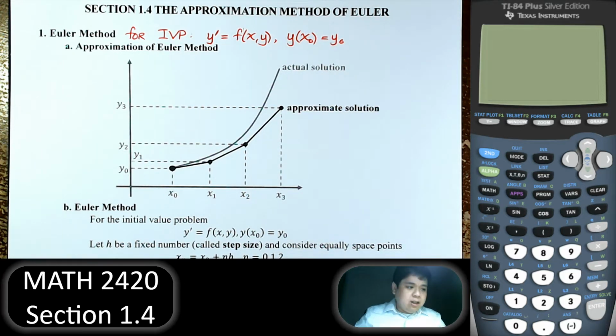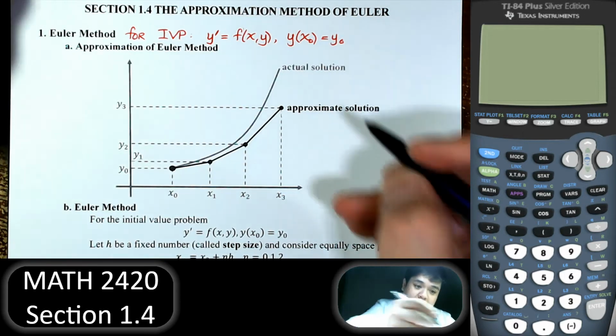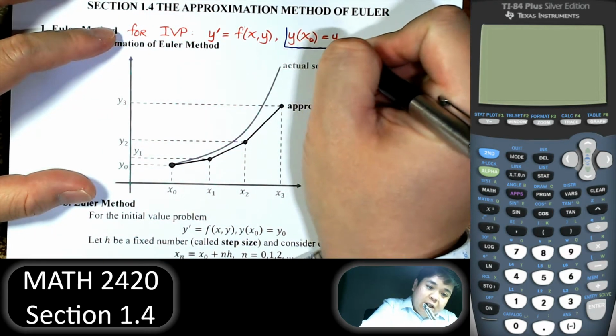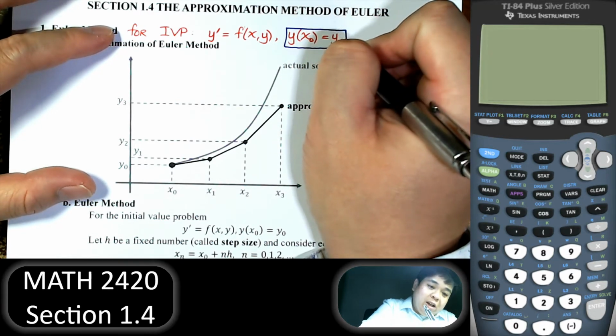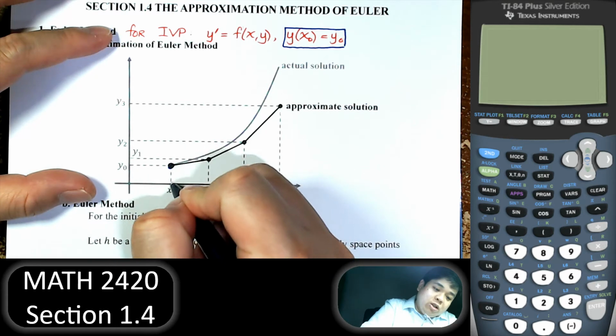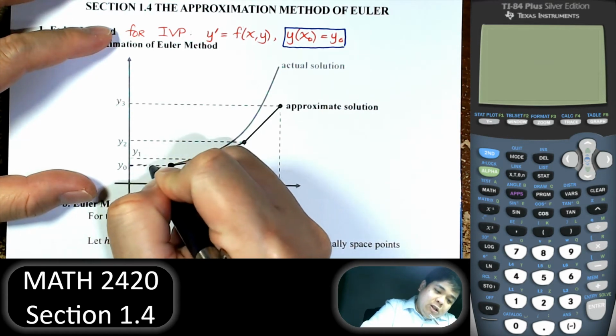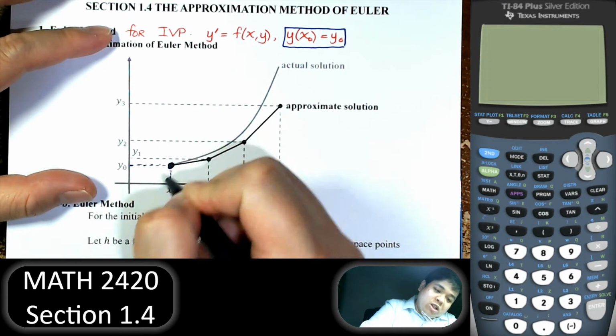The way we do this is, first we have to identify a step size. We know where we start off: the initial condition. There's a reason we call it an initial value problem, because the initial condition is where we start. x naught, y naught, a point on the graph.